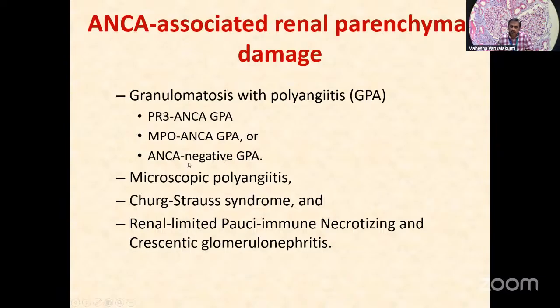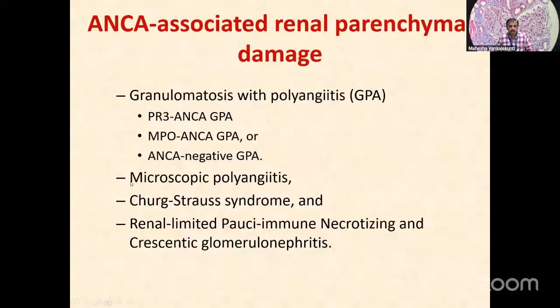The ANCA negative granulomatosis with polyangiitis is, from the clinical aspect, more or less similar to a seronegative lupus nephritis or a seronegative rheumatoid arthritis. So in that way, the serology would not be supporting you, but the histology would be showing you a vasculitis plus or minus the granuloma.